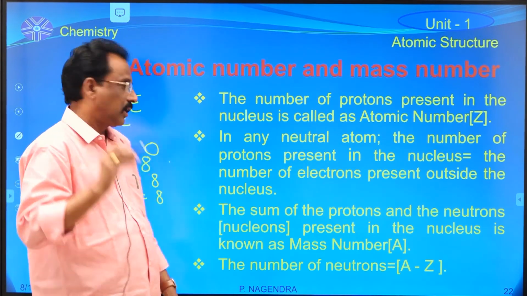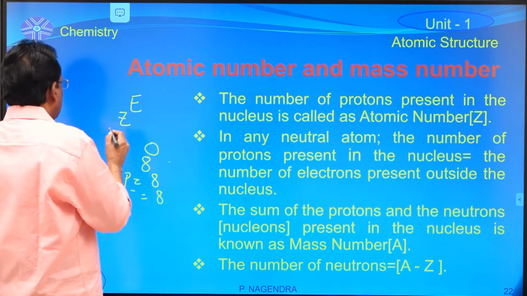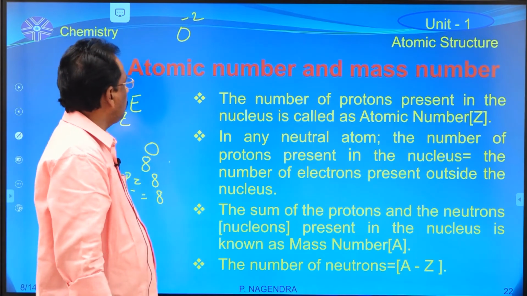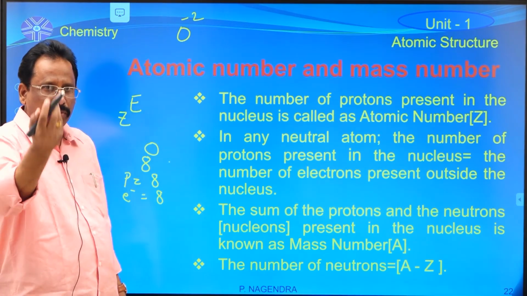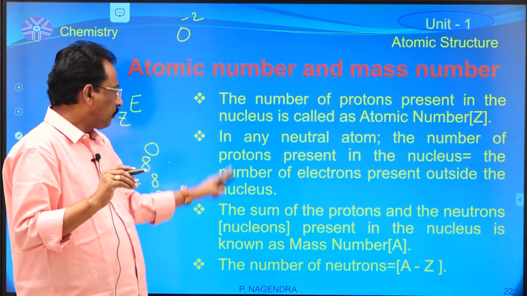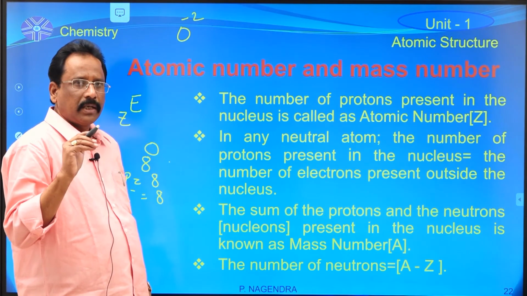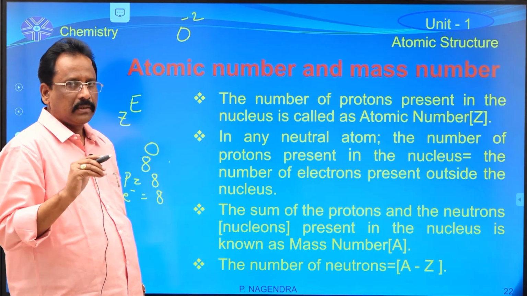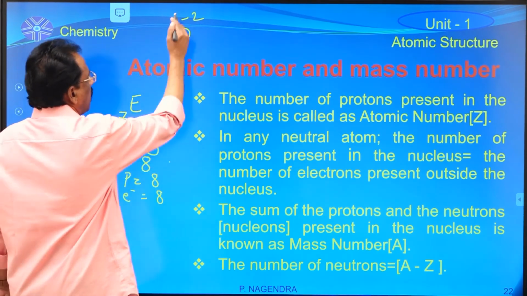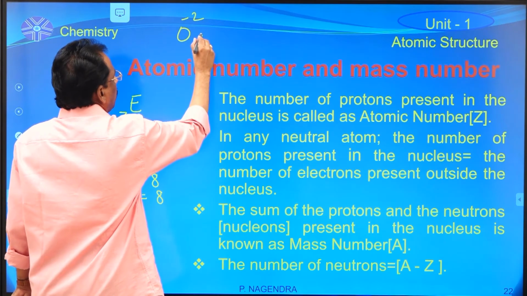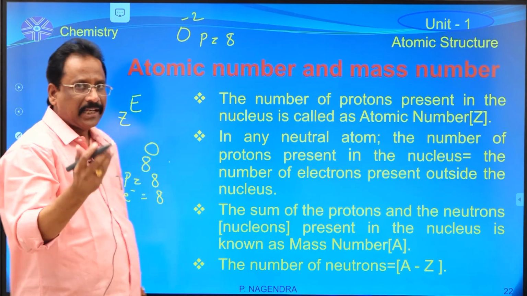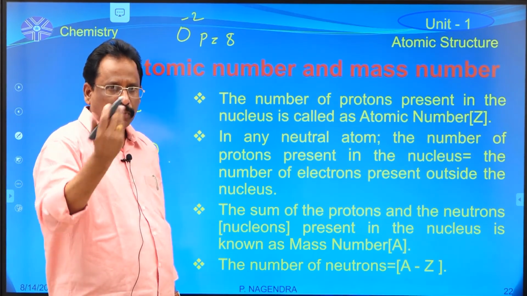What about its ion? For example, see this one, O minus 2. To attain stability, oxygen accepts 2 electrons. Now this is not a neutral atom. In this case, the proton number and electron number are not equal. They are different. Here in the oxide ion, there is no change in the proton number because oxygen accepts 2 electrons but not 2 protons.